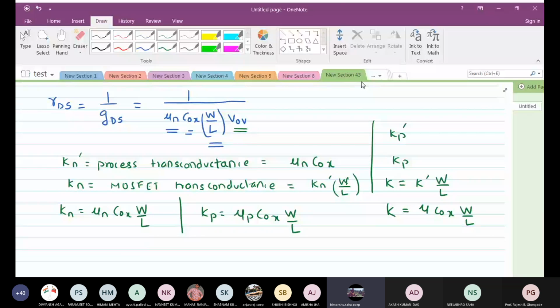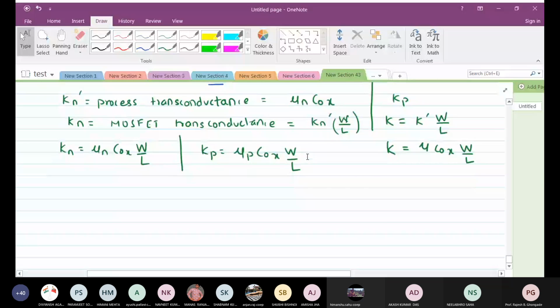Okay. So now it is time for us to summarize the two regions of the characteristics. What we will do is we will summarize the characteristics. So the summary follows.